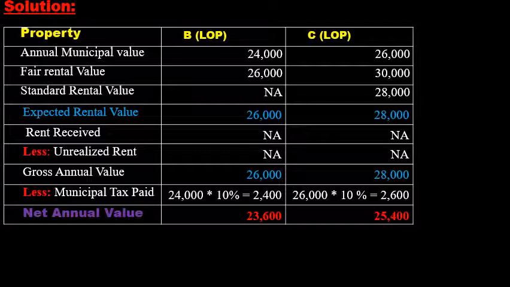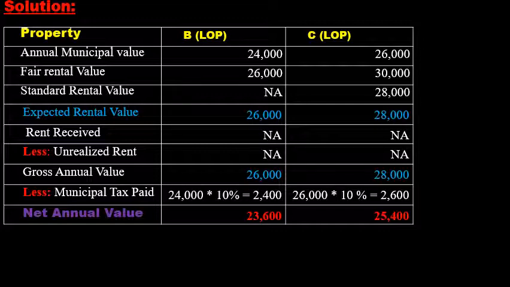The format for the calculation of net annual value for deemed let out property and let out property are one and the same. As I told earlier, in case of format there is no differentiation, there are only two types. One is self-occupied property and the other is let out property.